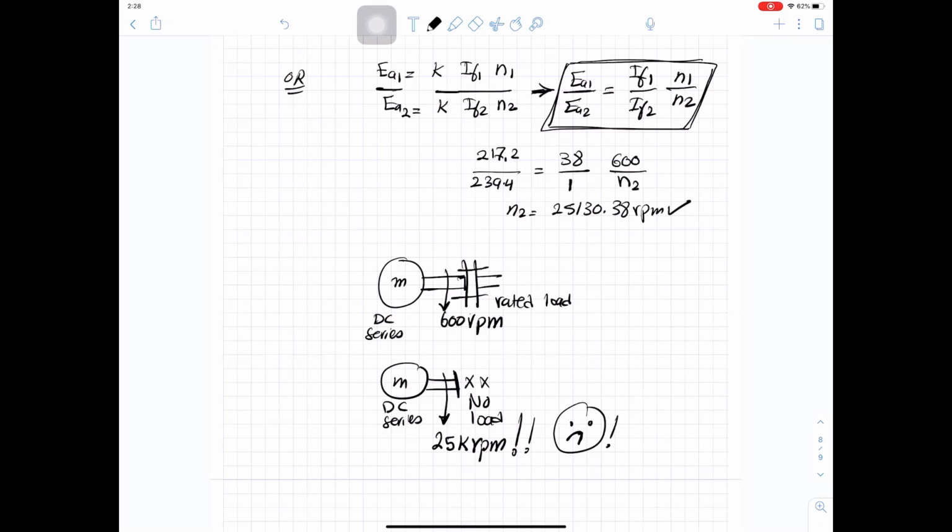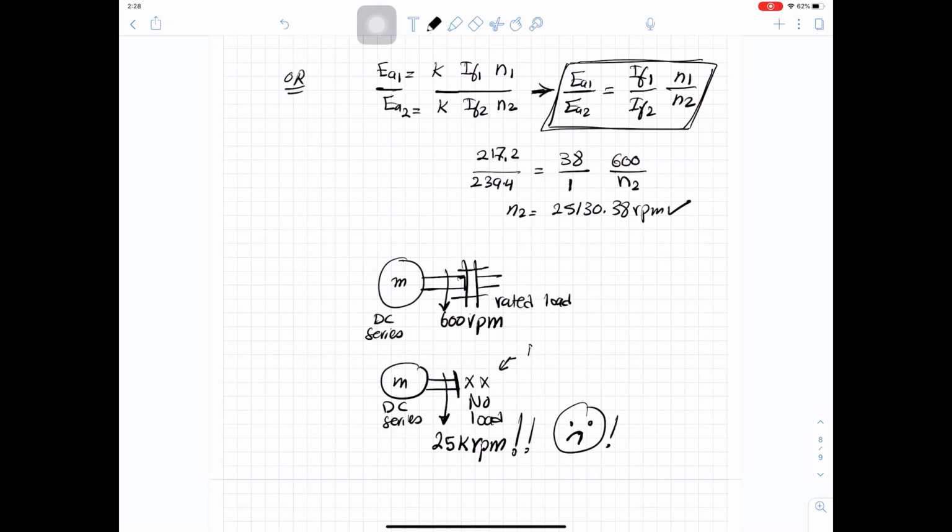And this is a big issue with DC series machine. So 25k RPM, this is almost infinity, which can break the bearing and can damage the mechanical system or the mechanical structure. So this speed is very high speed. So this is a big issue with DC series machine.